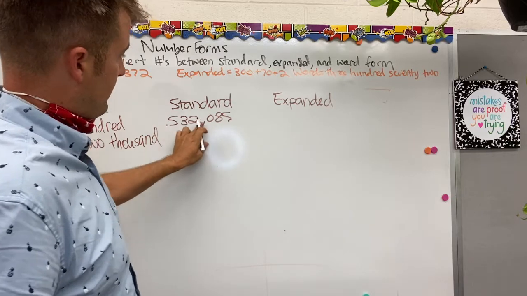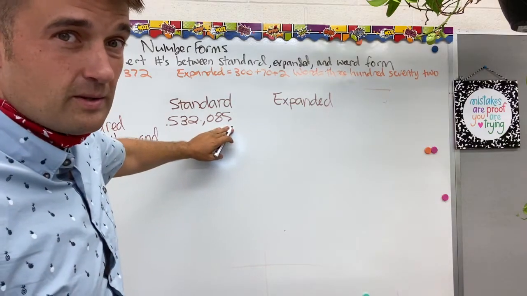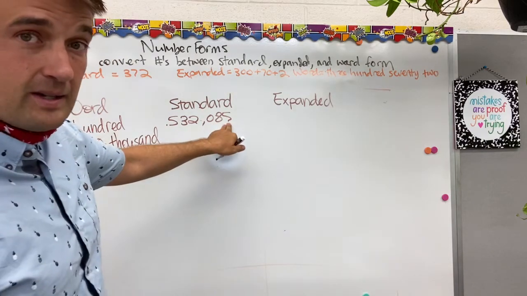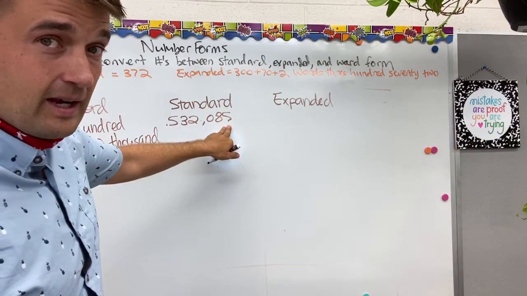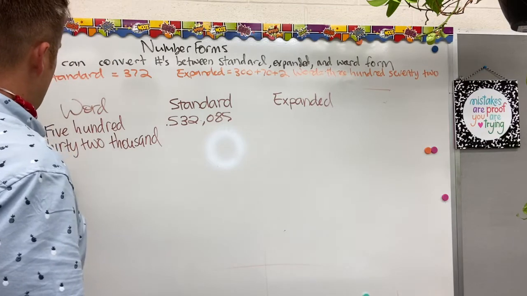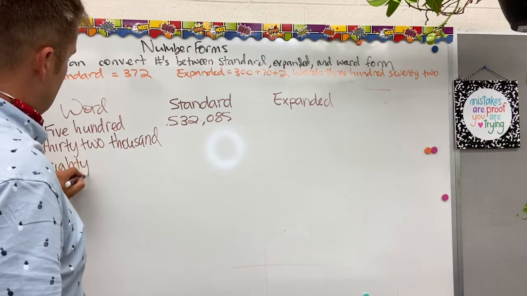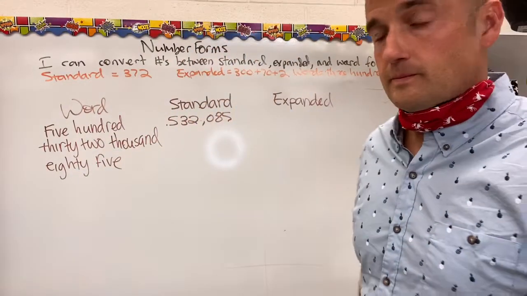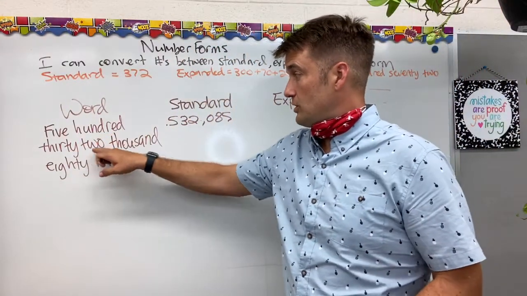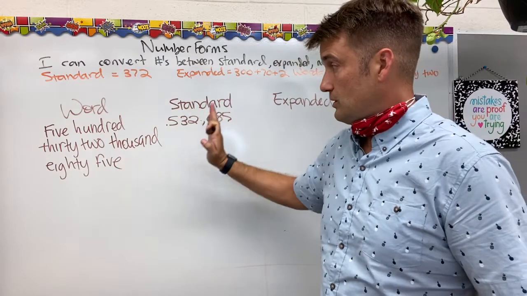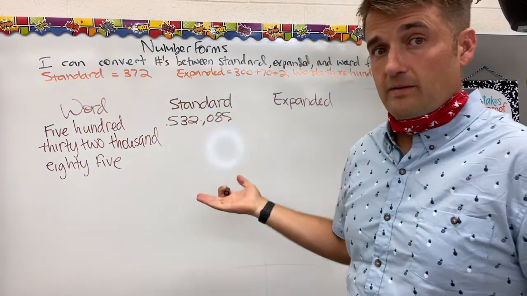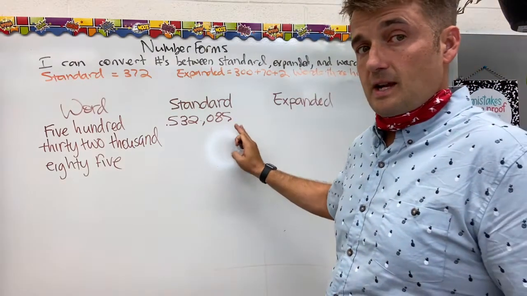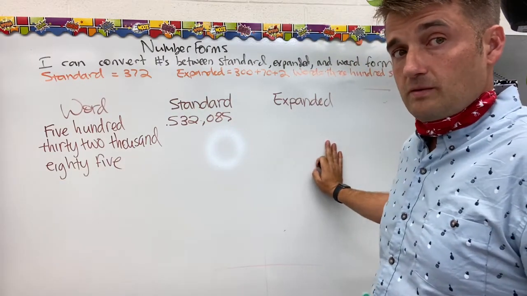Then I come over here to the ones, or sometimes it's called the units, the first period. I would name that as just 85. So it's 532,000, 532 in the thousands period, 85.